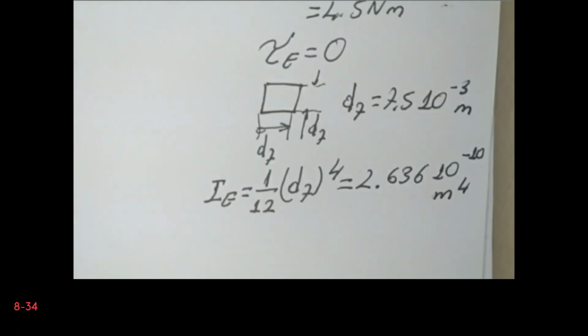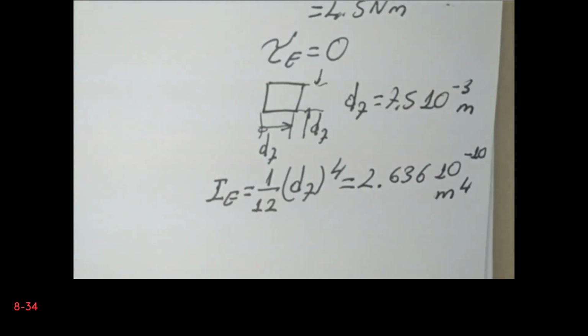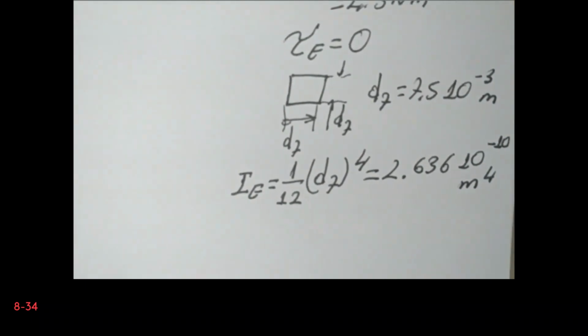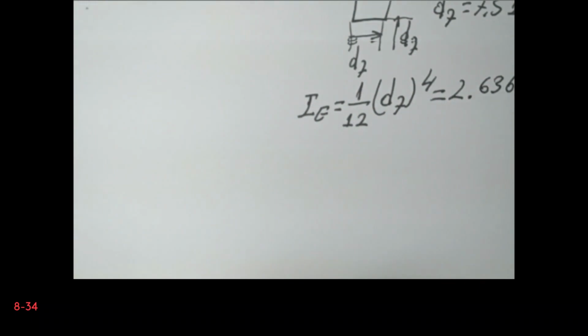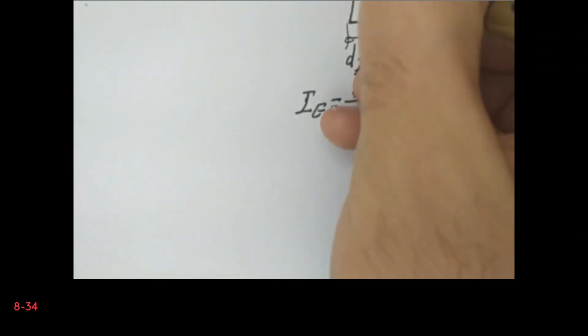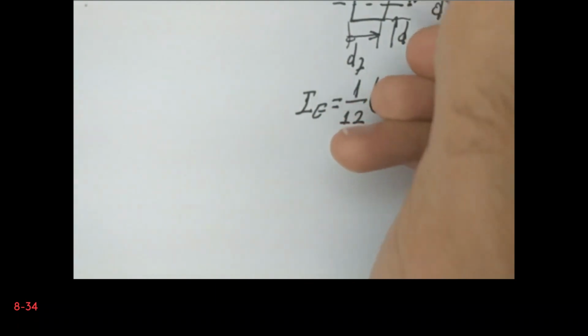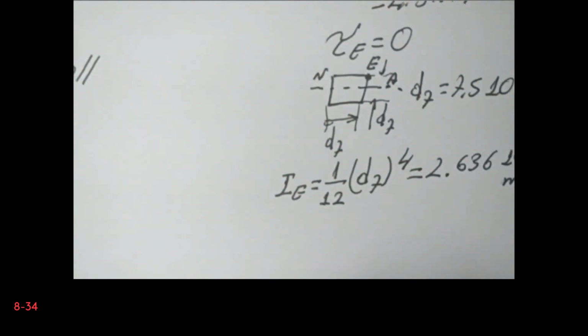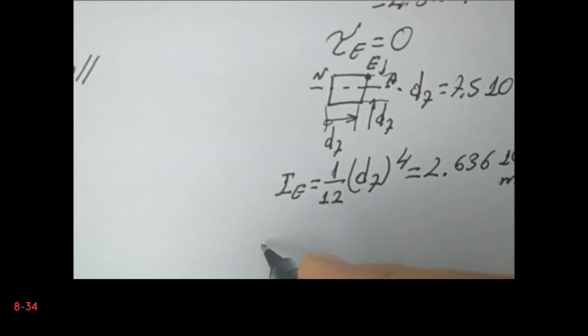Now of course E is located here, so this is where our neutral axis is for this tiny cross section. So it is just located at the center, so we can calculate the normal stress at point E. So that is basically compressive, because of the, it is tensile.